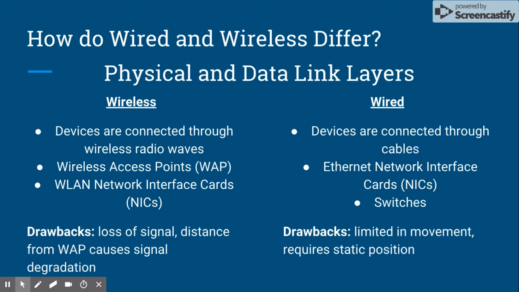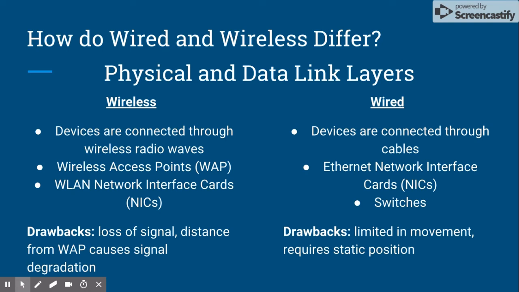These waves are sent between wireless access points. To the contrary, wired devices are connected through cables. These cables send data through the network to the multiple devices. Ethernet network interface cards are used on a wired network.